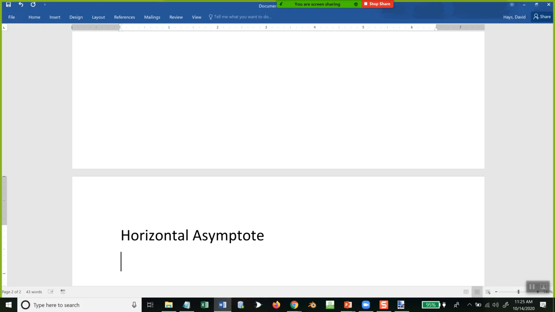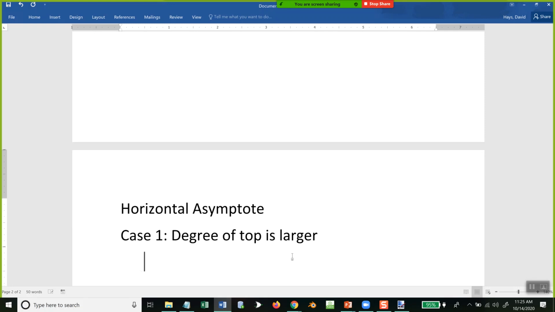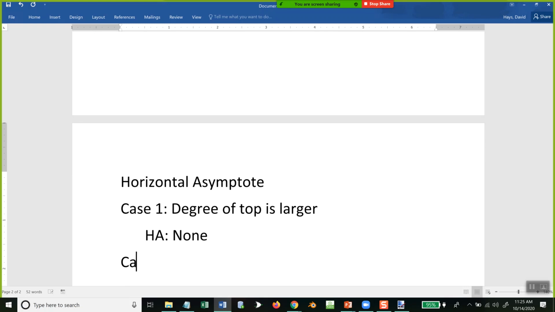You have your degree. Remember, your degree is the largest power of x. Now, we got three cases for this. Case one, the degree at the top is larger. In that case, there is no horizontal asymptote.